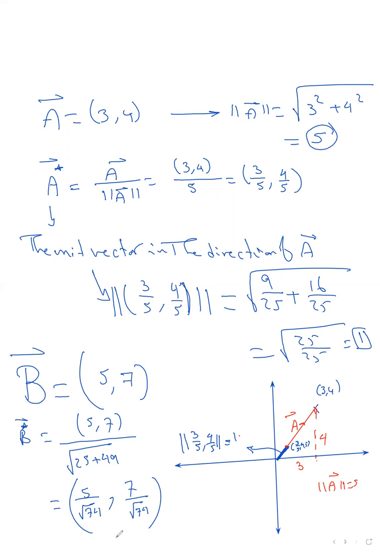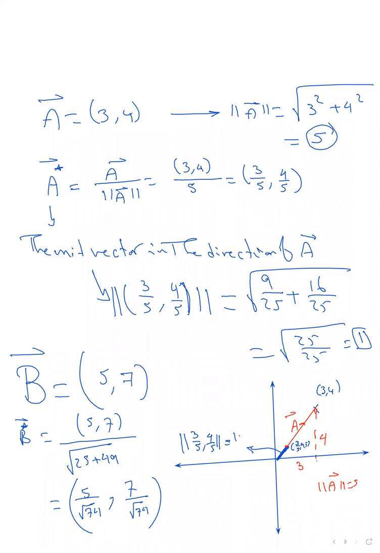Okay, so now we have the unit vector in the direction of the x axis, which is i = (1, 0), and then the unit vector in the direction of the y axis, which is (0, 1). And the unit vector in the direction of any vector means the vector over its norm.